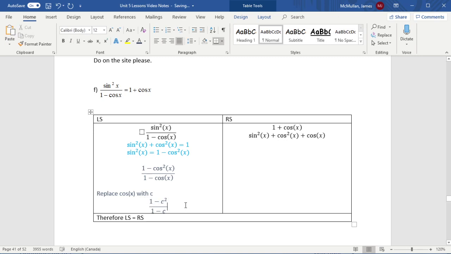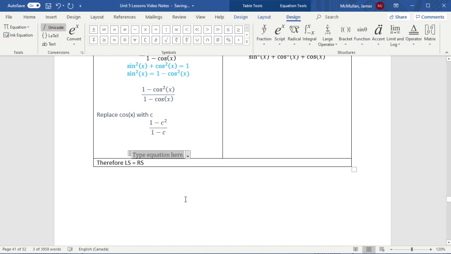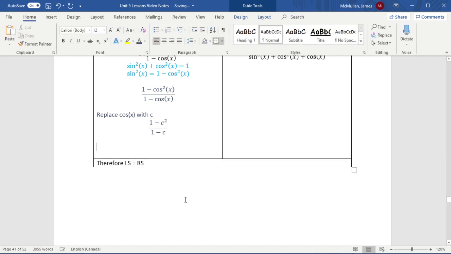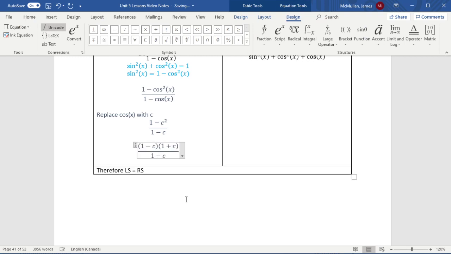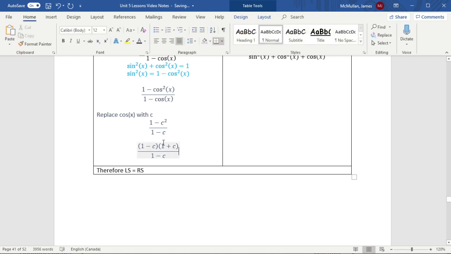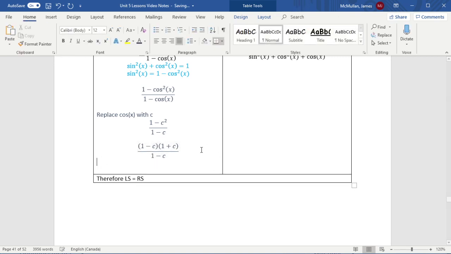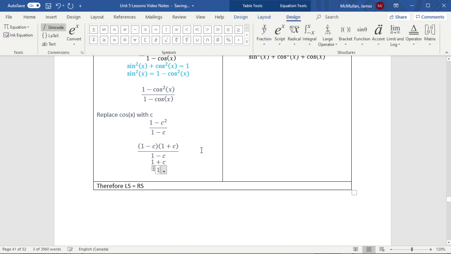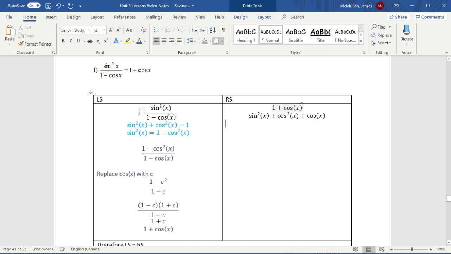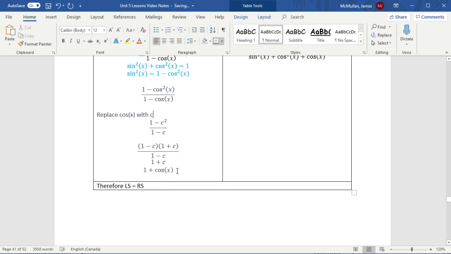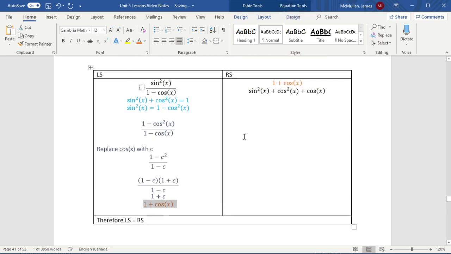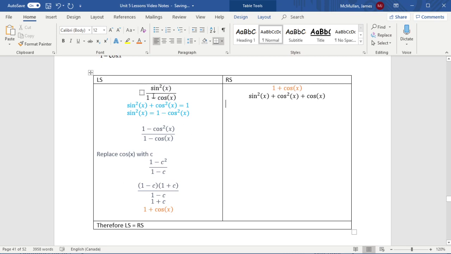Now factor the top. The top is a difference of squares: 1 minus c, 1 plus c, divided by 1 minus c. Everything is in brackets, so those two are good to cancel, and you're left with 1 plus c. 1 plus c is 1 plus cos x, and that's what the other side is. Really good one to practice. Okay, give it a try.